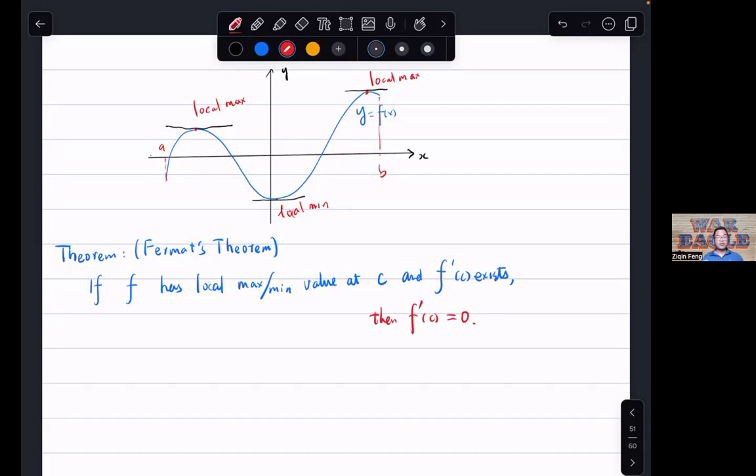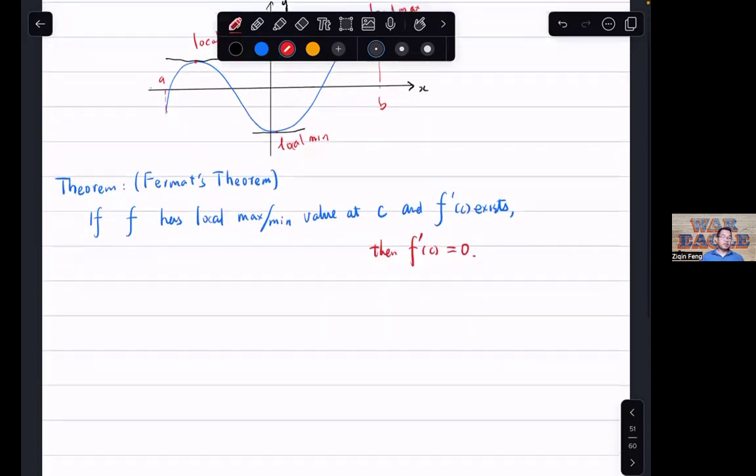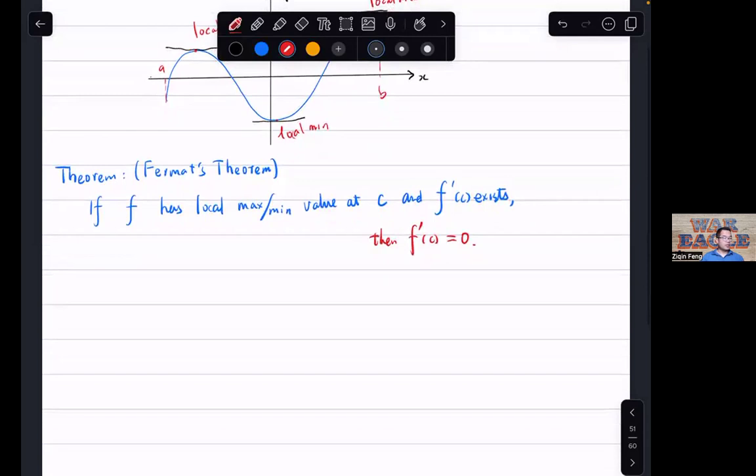This gave you a way to identify the local maximum and local minimum if the derivative exists. But what if the derivative doesn't exist? We just include it.